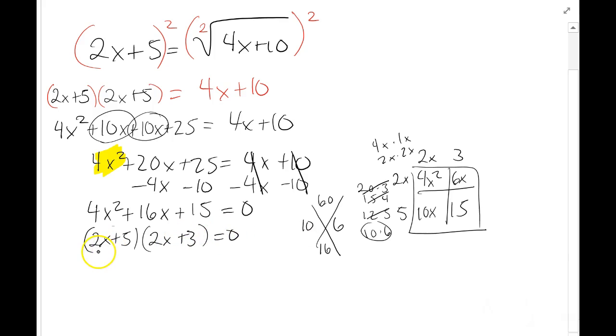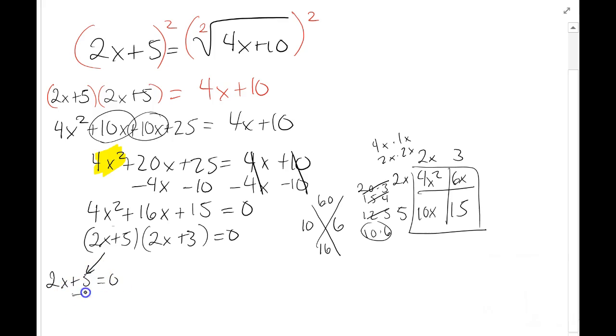And now, well, we've got a 2x plus 5 and a 2x plus 3. Well, we have to figure out what's going to make this equal 0. That will give us our solutions. However, it's not as obvious. Okay, it's obviously going to have to be some fraction. So what I'm going to do is take this 2x plus 5, set it off to the side, and I know I need to figure out what's going to make it equal 0, so just make it equal 0.